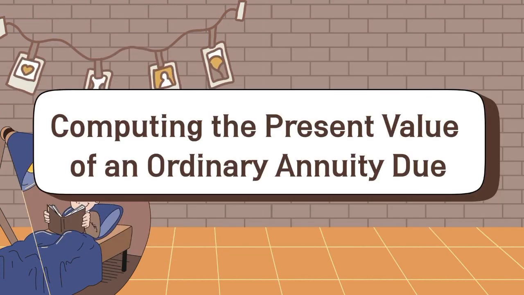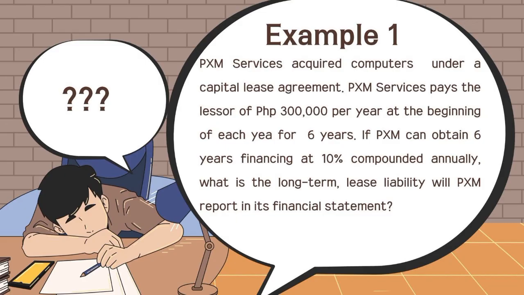We will first compute the present value of an annuity due. We have here our first example. PXM Services acquired computers under a capital lease agreement. PXM Services pays the lessor 300,000 pesos per year at the beginning of each year for 6 years.